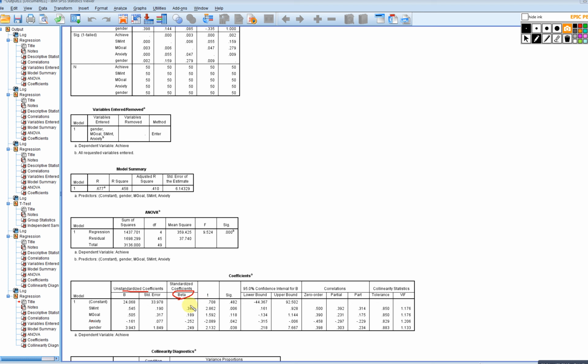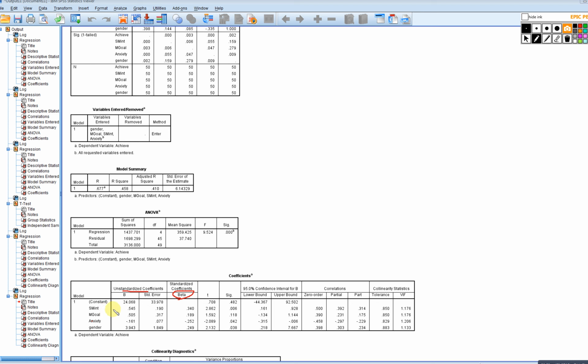So, in other words, we would interpret the regression coefficients in terms of z-score change on the criterion variable for every 1 z-score unit change on the predictor variable.